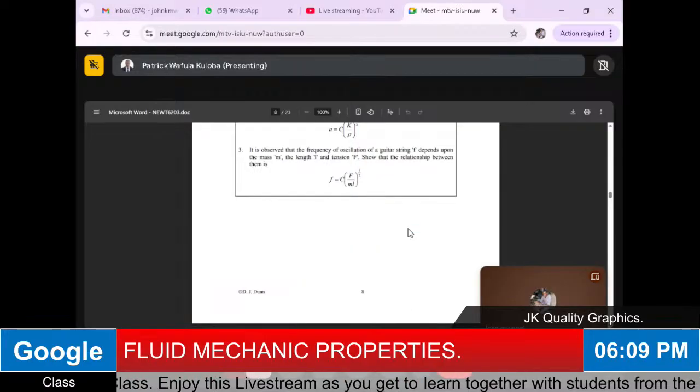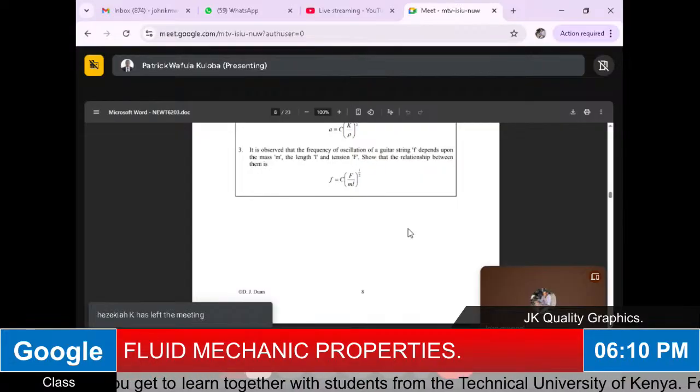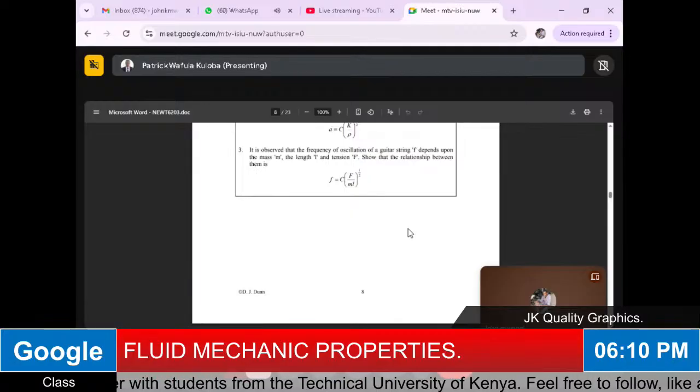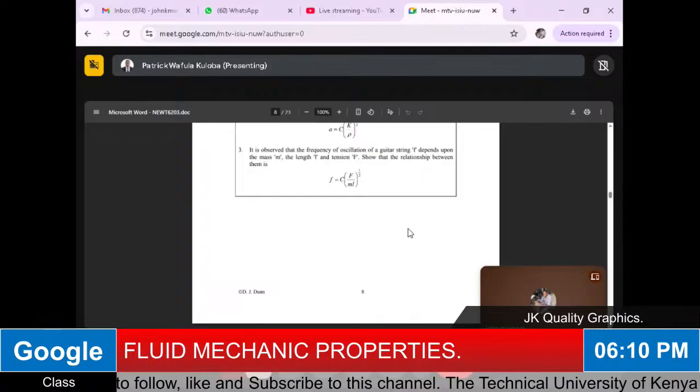So that equation becomes F is equal to C outside in the bracket, with F raised to a half and the others raised to minus a half. That is how you find the values in the initial equations.